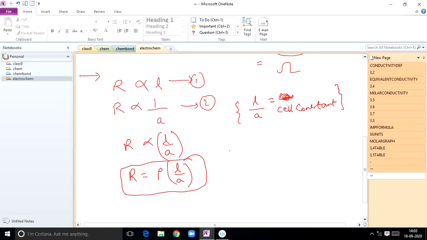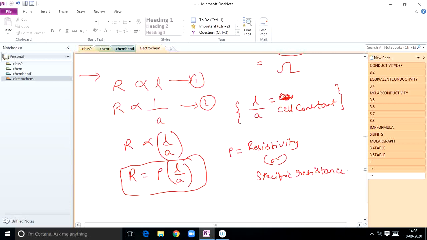Here rho indicates resistivity or specific resistance.